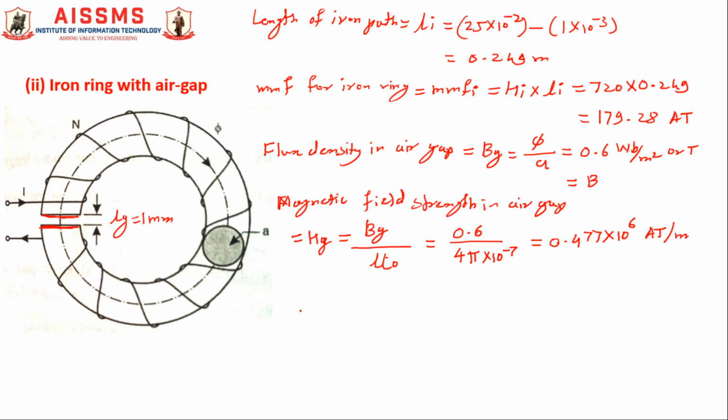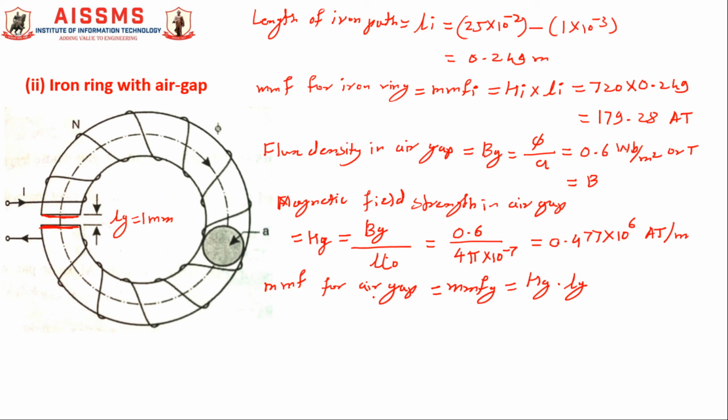Once we calculate this, let us calculate the mmf for air gap. Let this be mmf g. So it is equal to Hg multiplied by Lg, that is magnetic field strength multiplied by length of air gap.